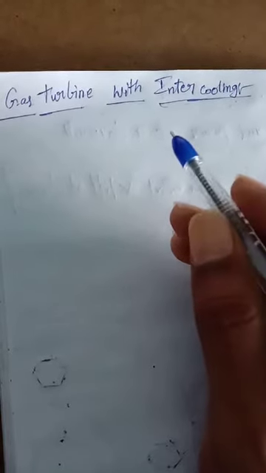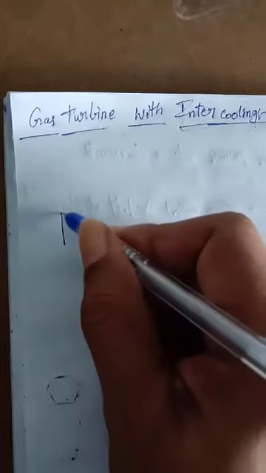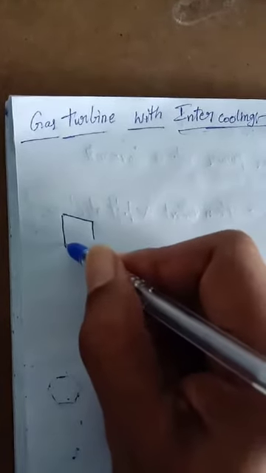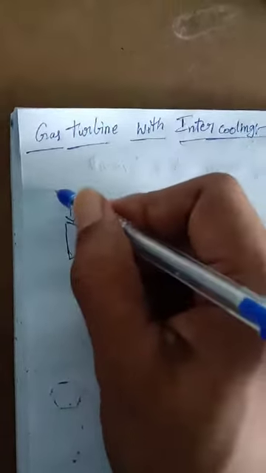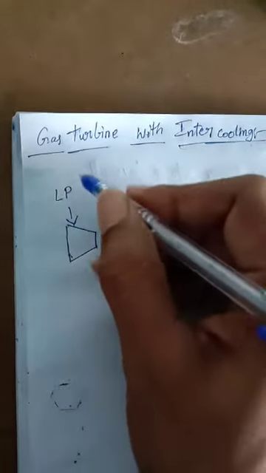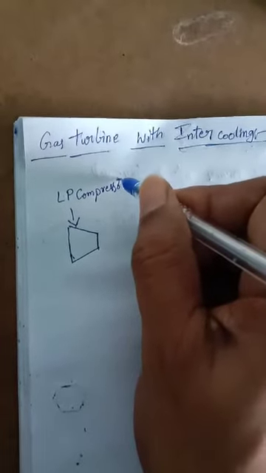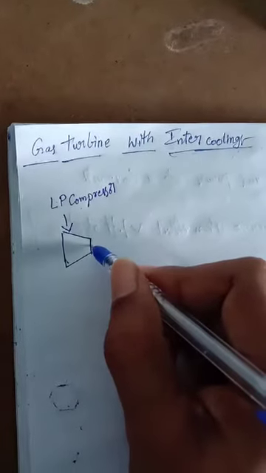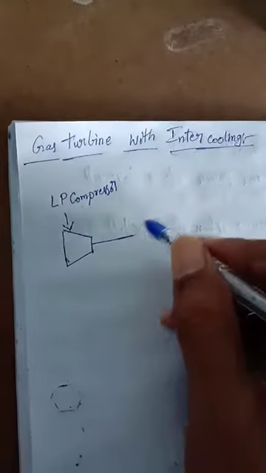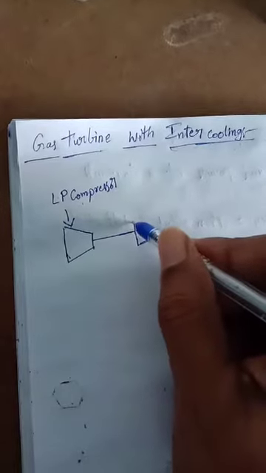Okay, and now here we see the diagram, how to draw it. First, we take this, which is called the low pressure compressor. So this is the low pressure compressor, and the low pressure compressor passes through here.